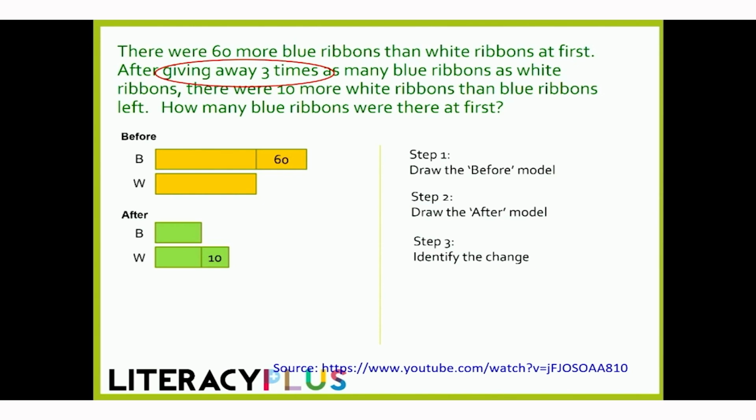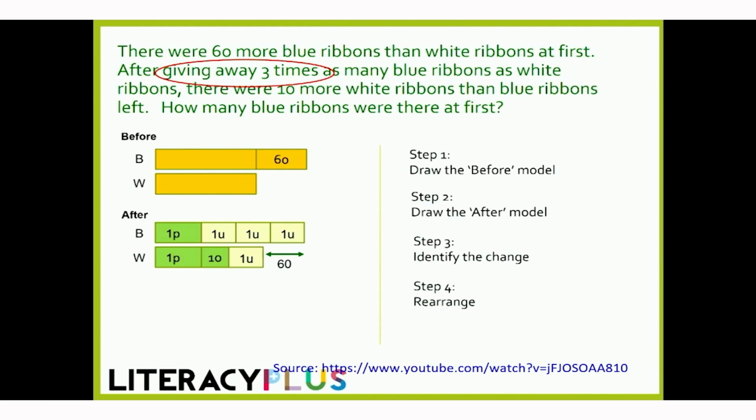So what I'll do is, we'll put back 3 units to blue and put back 1 unit to white. After putting this back, remember, there's 60 more blue than white, just like the before model. Okay. What I'm going to do also is now to label them units and the parts.